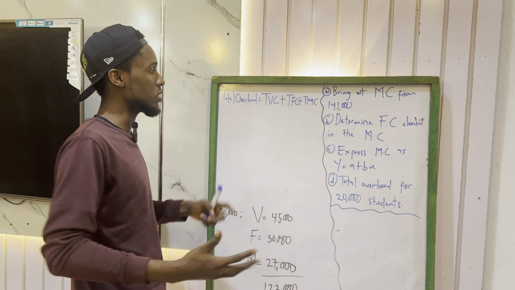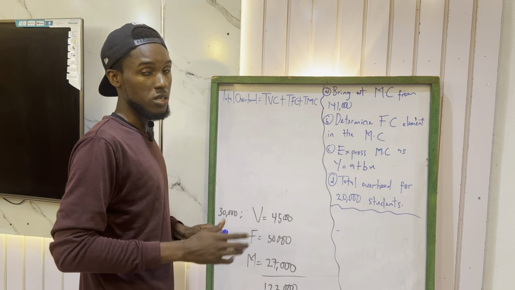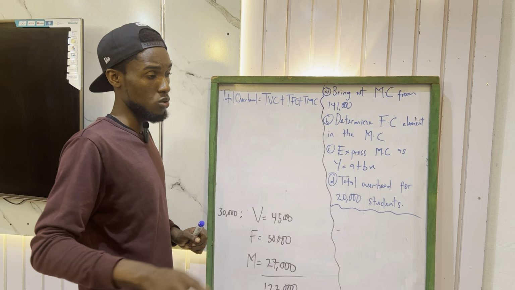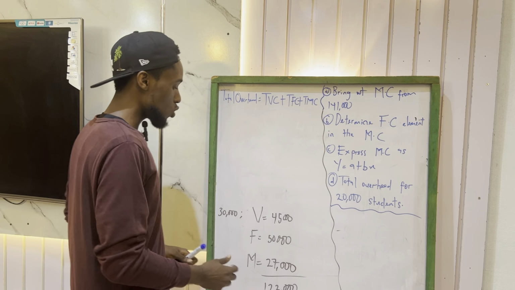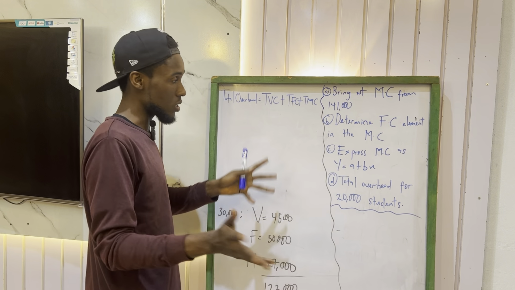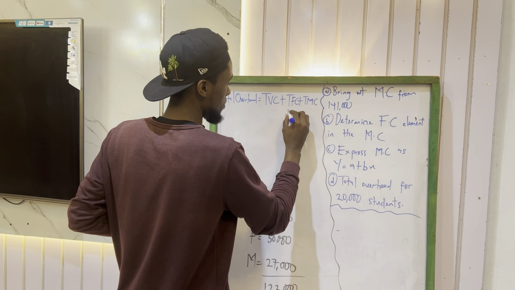You understand what you are doing. Because a fixed cost is a fixed cost, whether you are dealing with 30,000 students or 40,000 students, you are still going to pay the same 50,000 naira for the rent. So our fixed cost of 50,000 naira is still going to be 50,000 naira here.